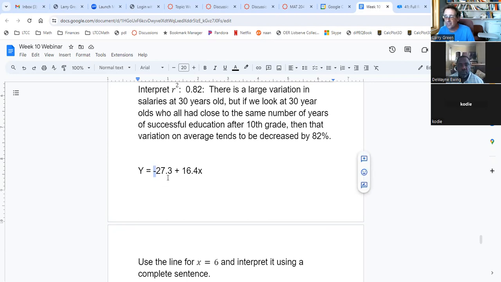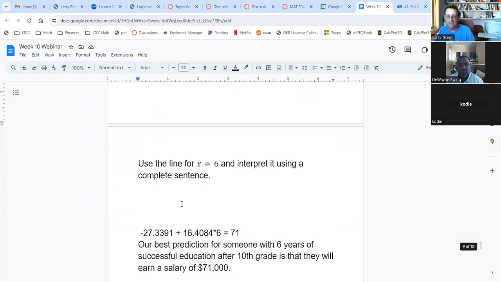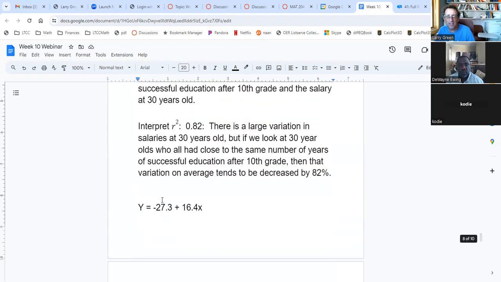Then it would make sense because then you would say that our best prediction for a salary for someone who didn't go to school after 10th grade would be $27,000. Had this negative not been there, then it would actually have relevance. But in this case, it doesn't because no one has negative salary. Any questions on this idea?